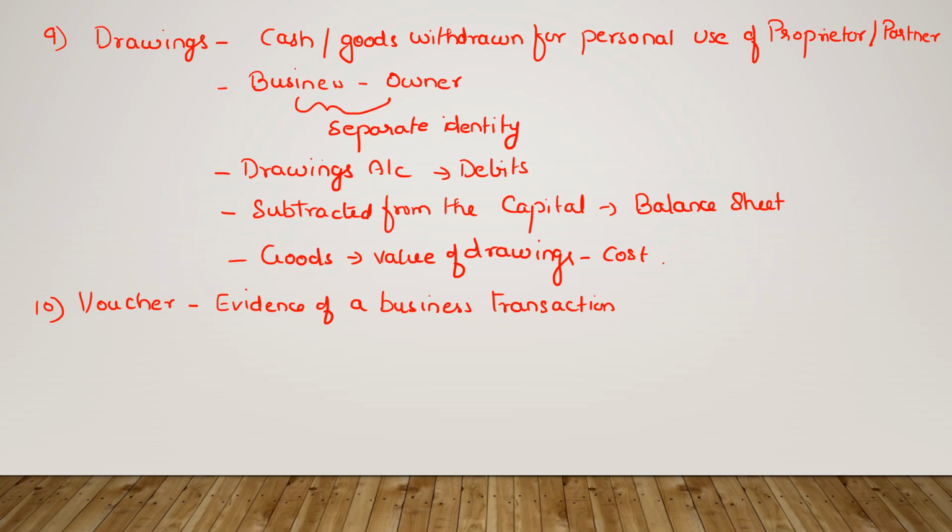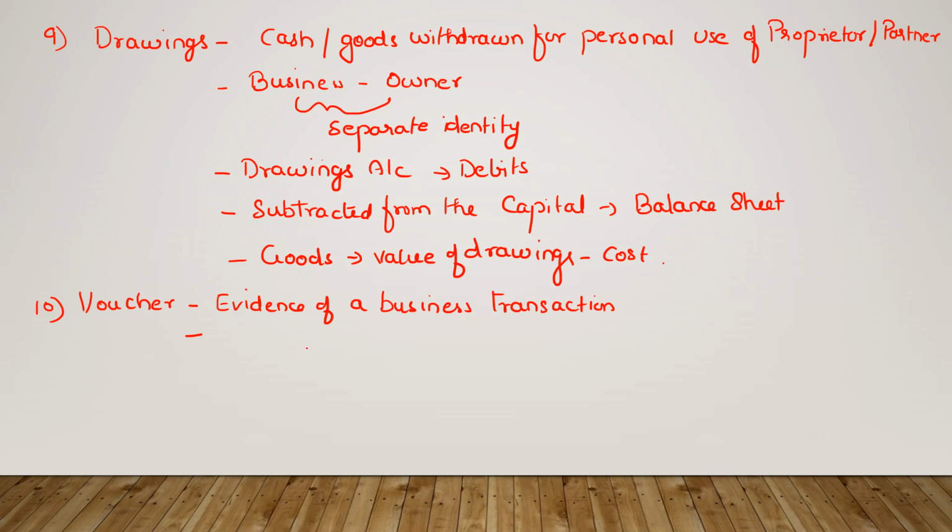Transactions are those events which have money or monetary value to them. Now, on what basis do we record those transactions? It is these vouchers that are referred to, and using them the entries are passed in the books of accounts. So vouchers are basically the evidence available related to a business transaction.